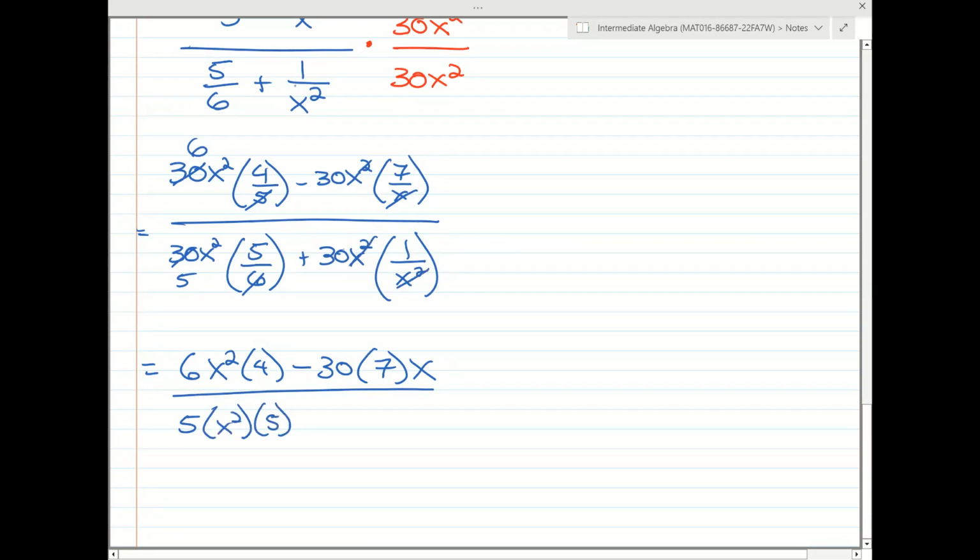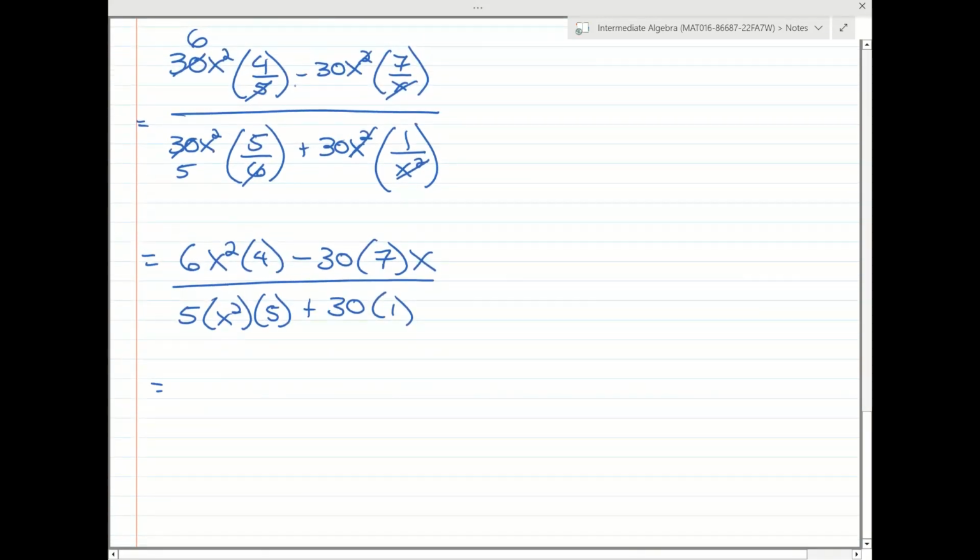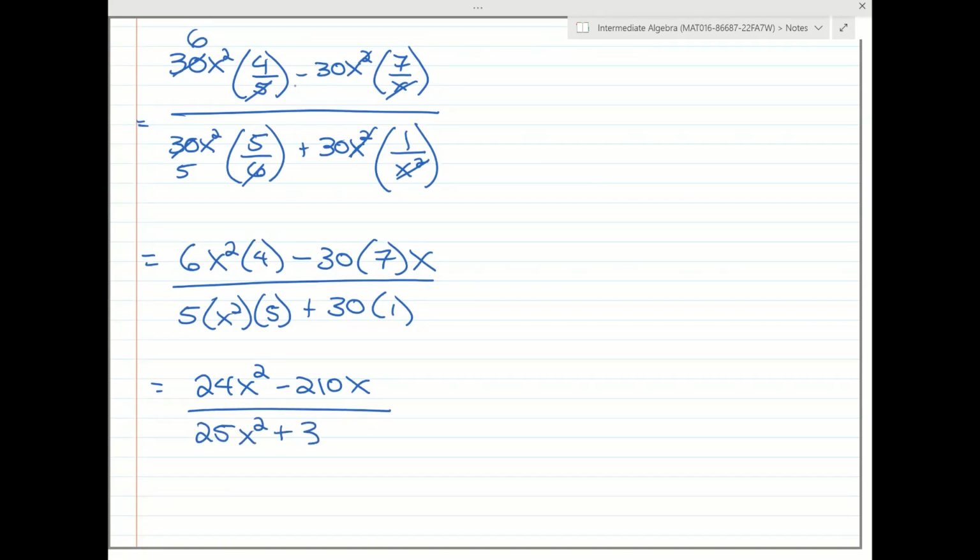And the x squareds cancel. Well, the complex fraction, because obviously we have fractions inside of other fractions. So to simplify here, we get 24x squared minus 210x, all divided by 25 x squared plus 30. And that's it. There's nothing else we could do.